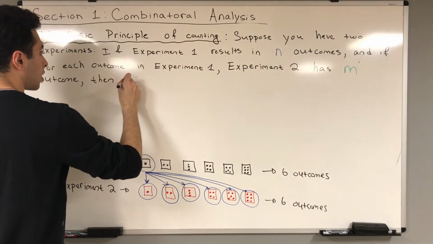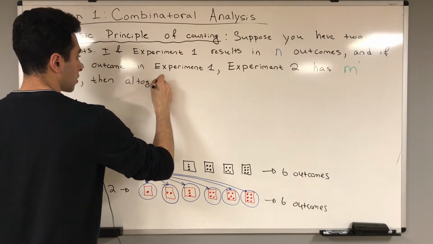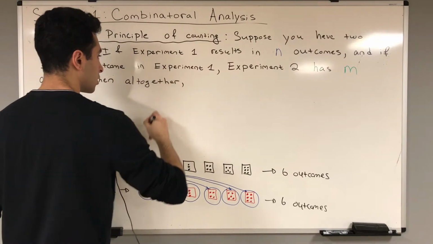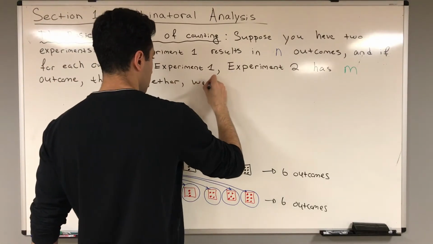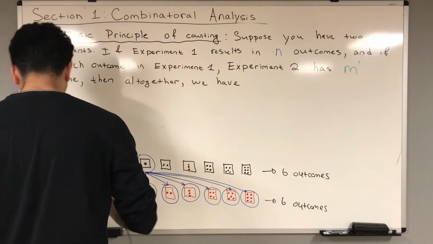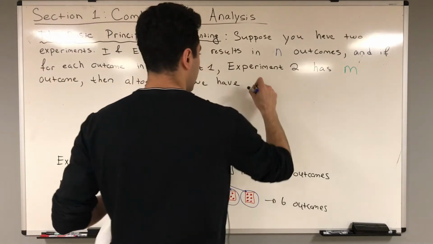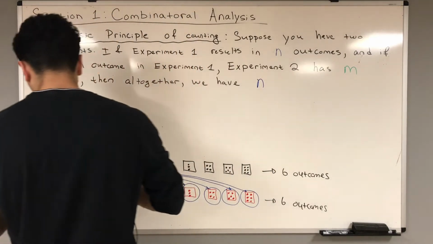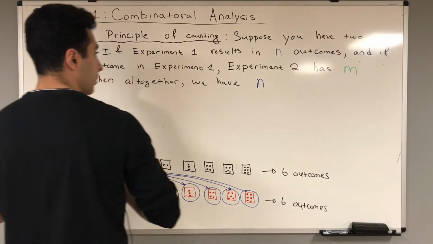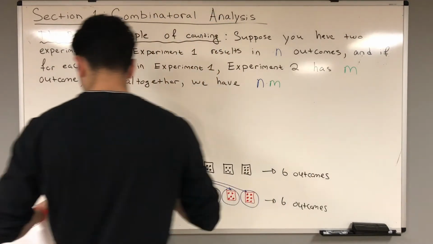then altogether we have, and this is the big result, we should have n times m outcomes altogether.